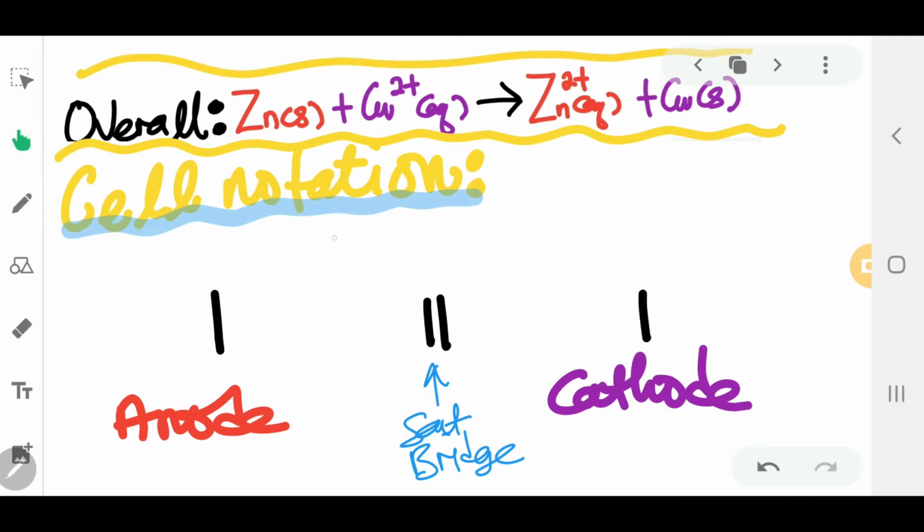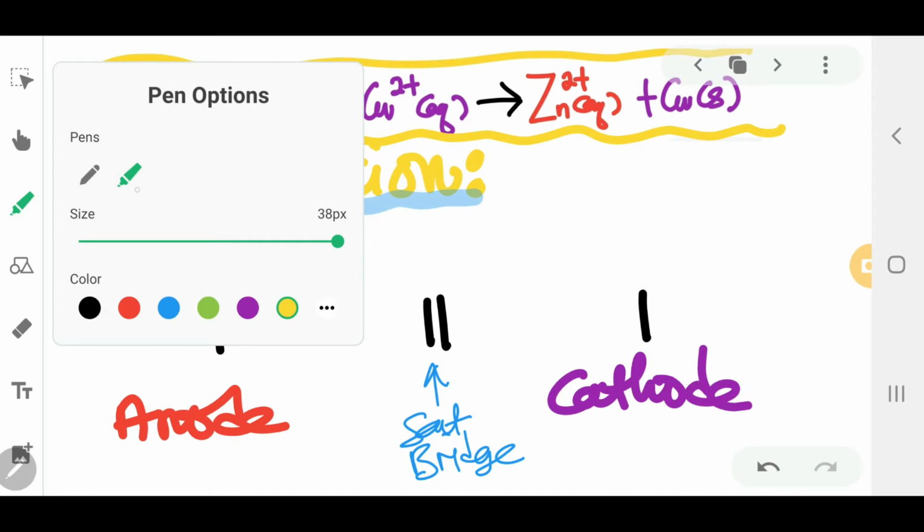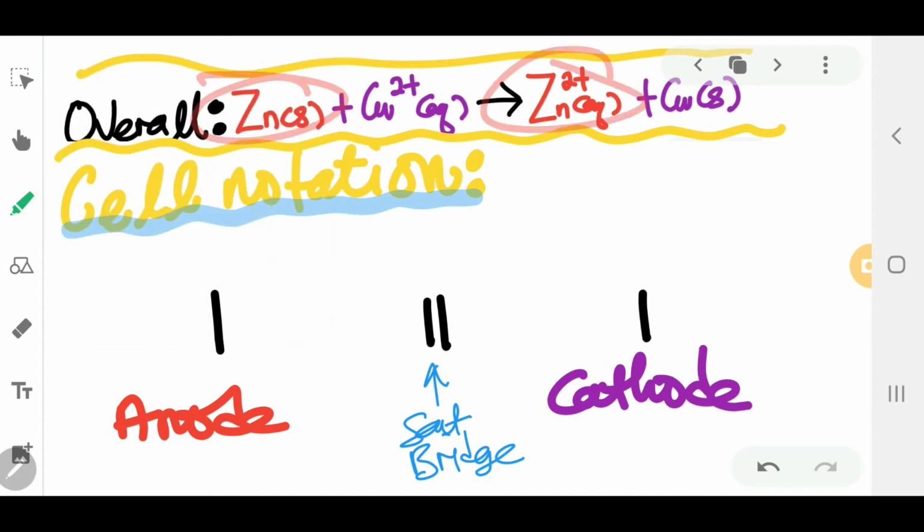When you look at the overall equation on top, you have zinc being converted into zinc 2+, so that is the losing of electrons. The zinc process, from there to here, is the oxidation, because you are losing electrons.